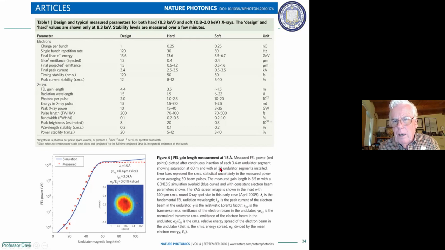So you can multiply that, and that'll give you the total magnet length. If you multiply these things, it's a little over 100 meters, 110 meters approximately. And what they showed was they got saturation in 60 meters, okay?